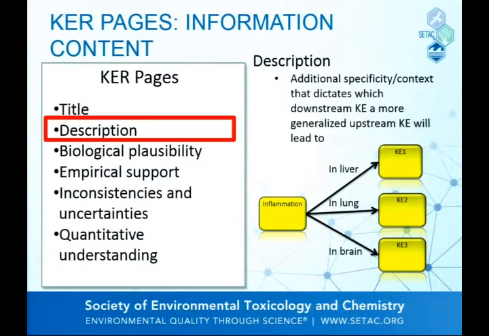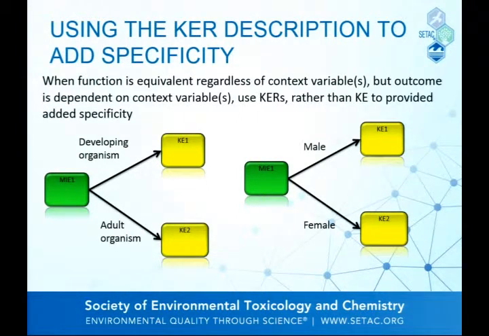Another thing you should do is name it, but also describe the key event relationship. The important thing to remember, and I touched on this before when I talked about key events, is that this is an opportunity to become specific. This is where you can convey some specificity, and in this case, you can add the context of the tissue. That's, for example, what is shown here. But there are additional cases, and this is a good one.